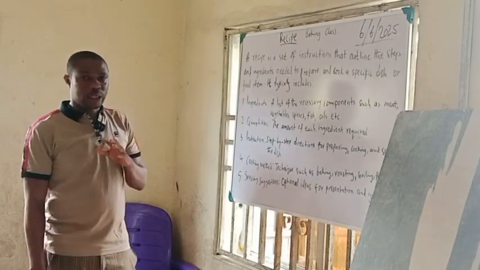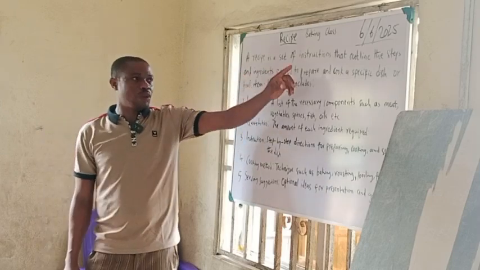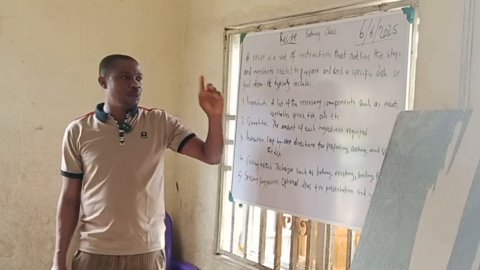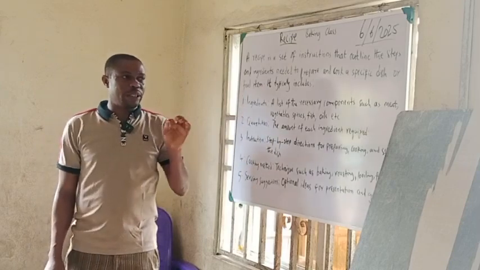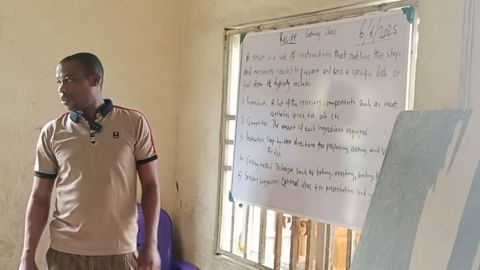I'll take it again. Listen, pay attention. A recipe is a set of instructions that outline the steps and ingredients needed to prepare and cook a specific dish or food item.